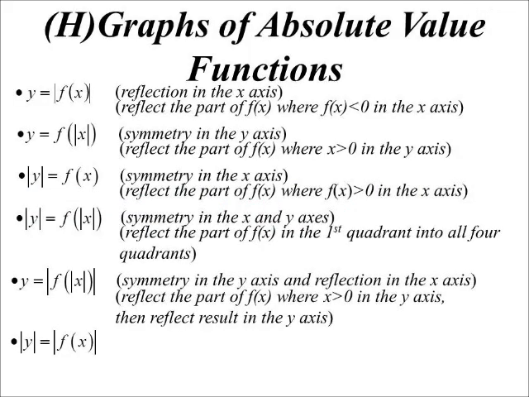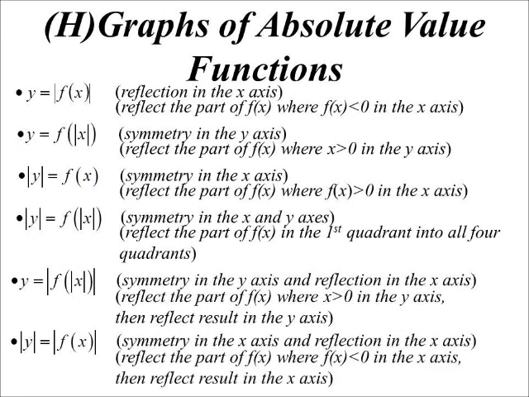Okay, let's try another. Absolute value of y is equal to the absolute value of function x. So we're going to have symmetry in the x-axis, there'll be reflection in the x-axis as well. So what will end up happening is, that bit of the original graph, where the original graph was negative, that's going to be reflected in the x-axis, then we'll reflect that result in the x-axis.